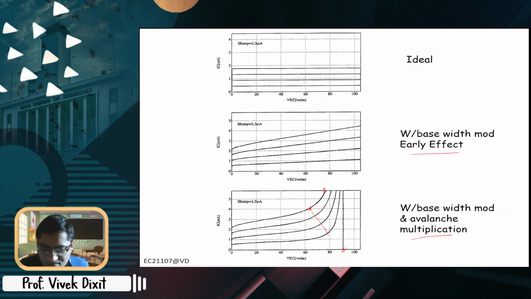So this is a VCEO that is defined. So of course they will go here, but this is basically kind of breakdown. So when you want to operate it, the allowed range is basically smaller.